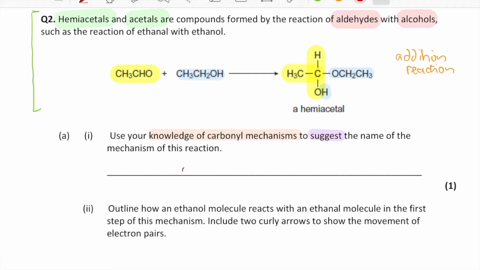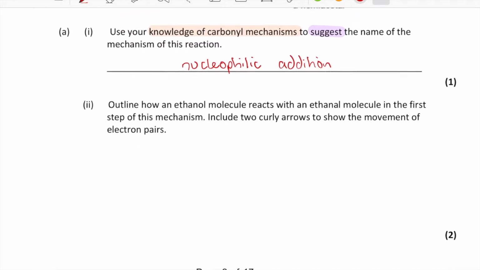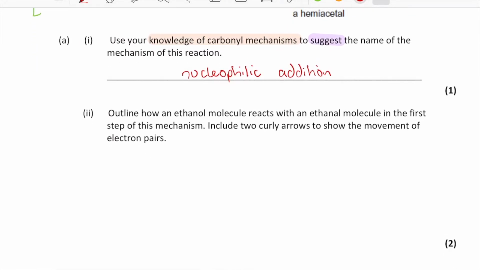We have not done the reaction above, but they've given us some guidance. We apply the knowledge that we have, and we can be pretty confident that we're talking about nucleophilic addition here.